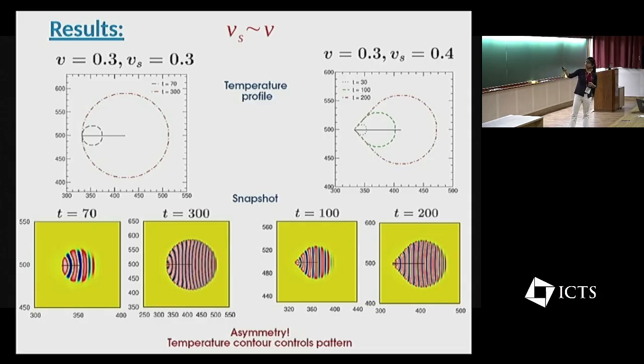You see, when the translational velocity is similar to the spreading velocity, the temperature contour has a circular shape, okay? Whereas if you compare this one, this has clearly gained some kind of asymmetric behavior. And that's because now the source is moving faster as compared to the spreading velocity.